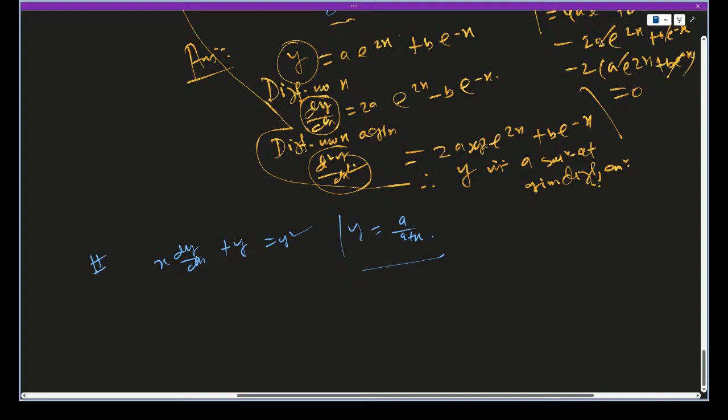I'll wait, check whether it is a solution or not. Y equal to a by a plus x. You can put it directly, or you can do some manipulation to get it easily. It's up to you.